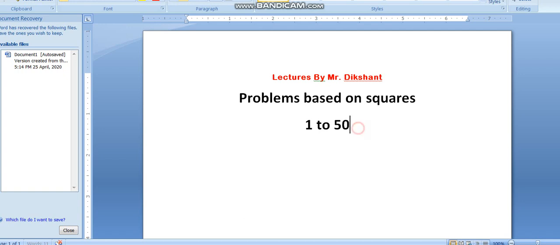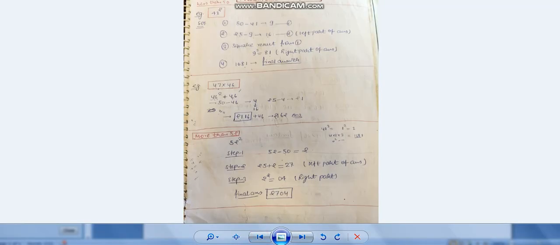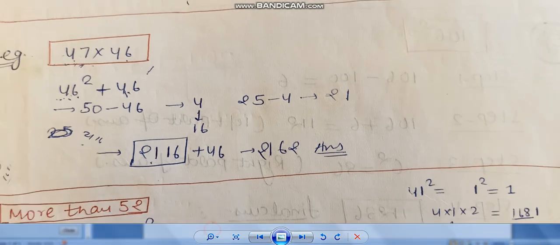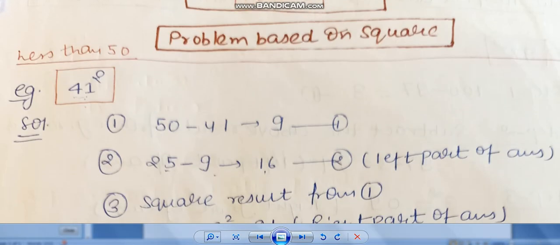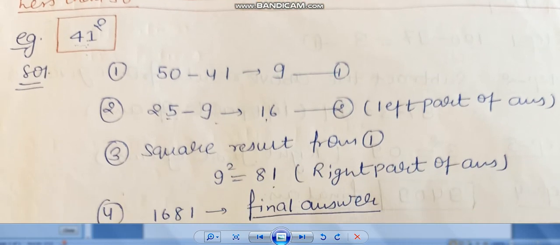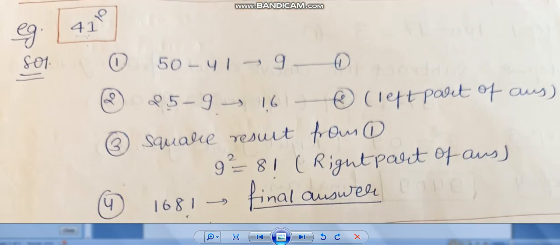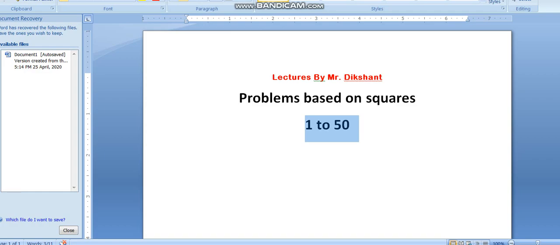If you want to find any square nearby 50 or nearby 100, there are a few tricks by which you can reduce your calculation time. So let me open my notes. First of all we will discuss squares nearby 50. I will tell you two concepts.